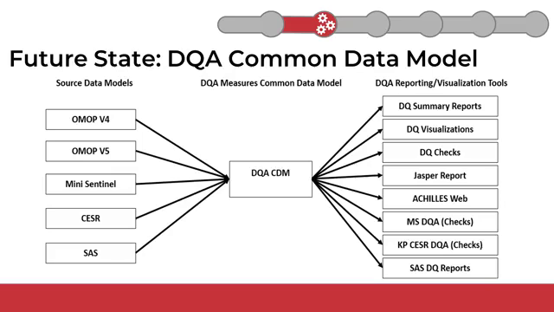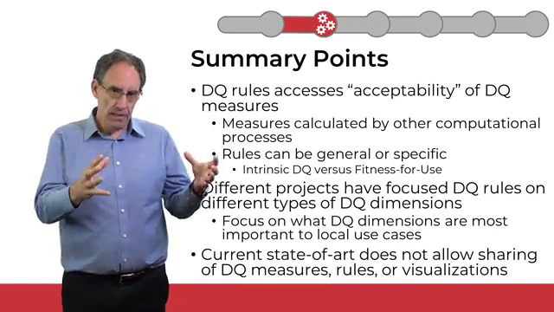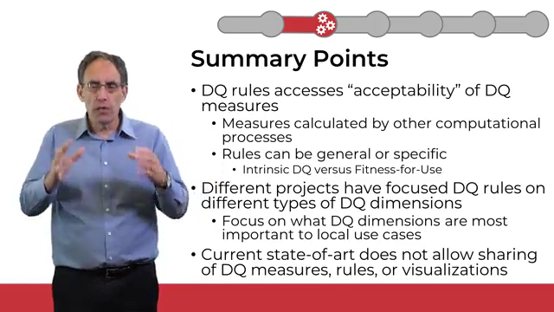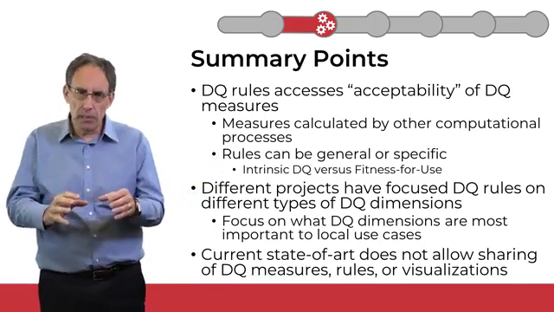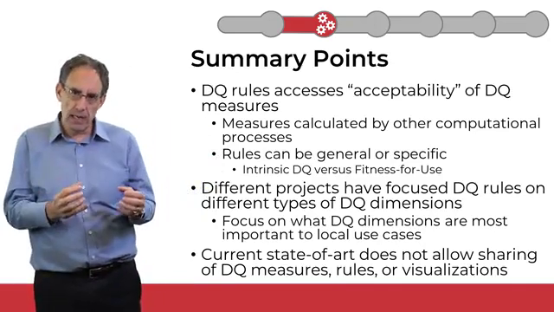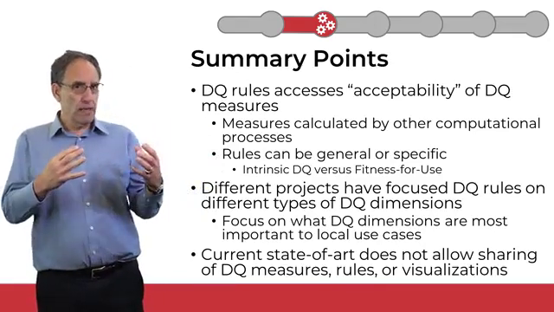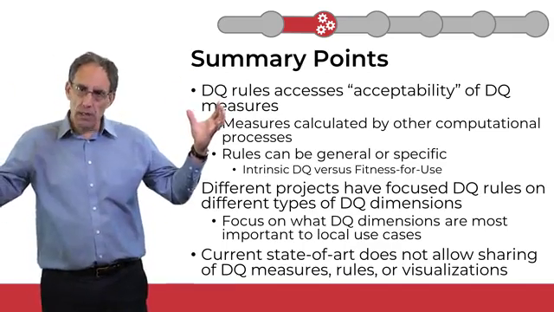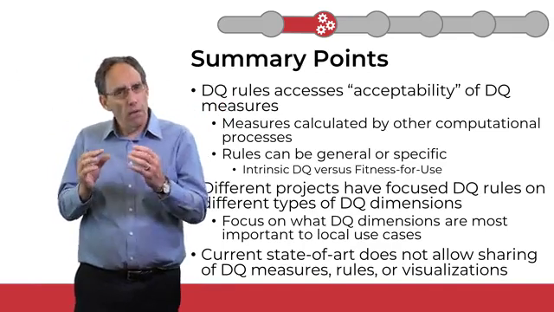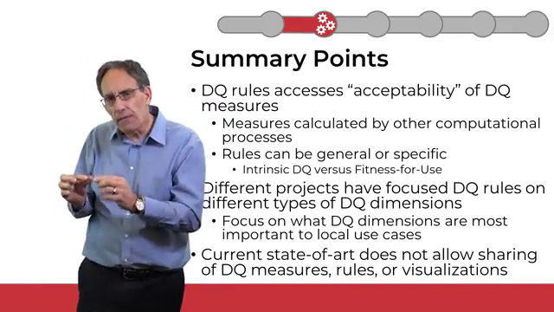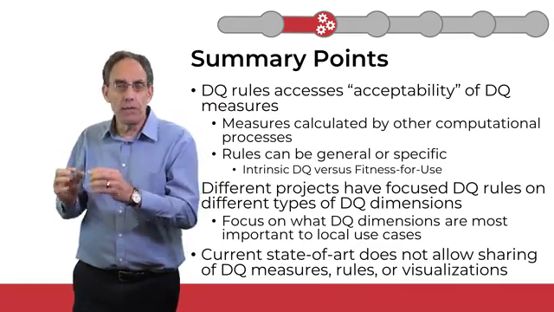To summarize, data quality rules use data quality measures to determine the acceptability of a database or data set. Rules may examine broad data quality features called intrinsic data quality or very use case specific features called fitness for use.